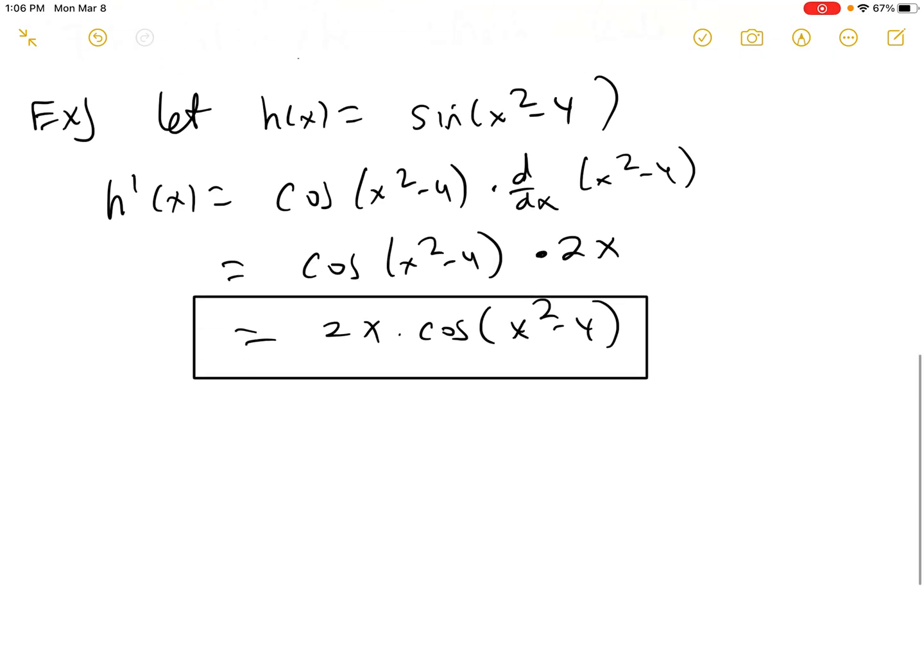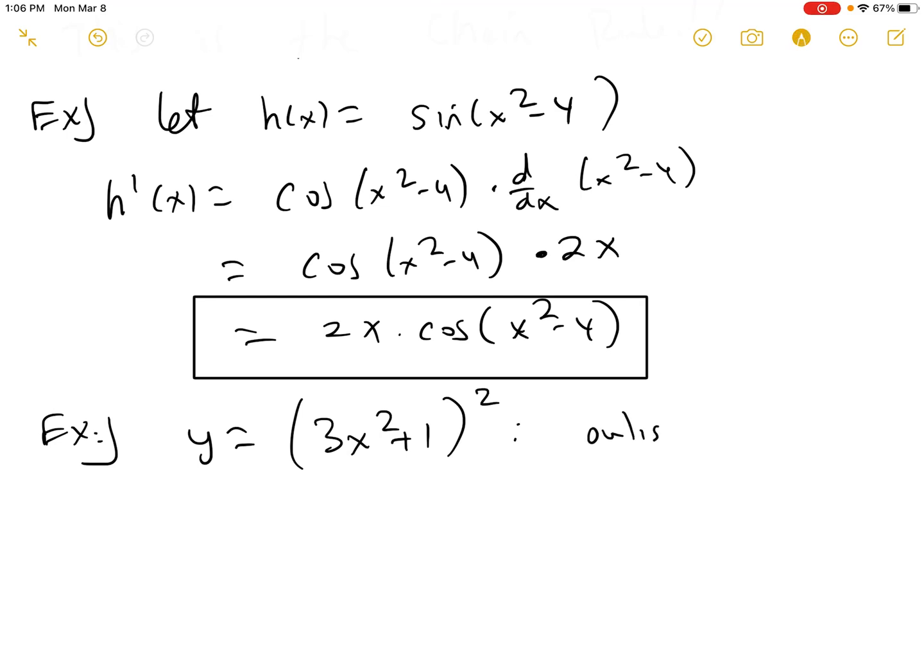So here's another one. I'm going to let y be 3x squared plus 1 squared. So the outside function is squared, and the inside function is 3x squared plus 1.